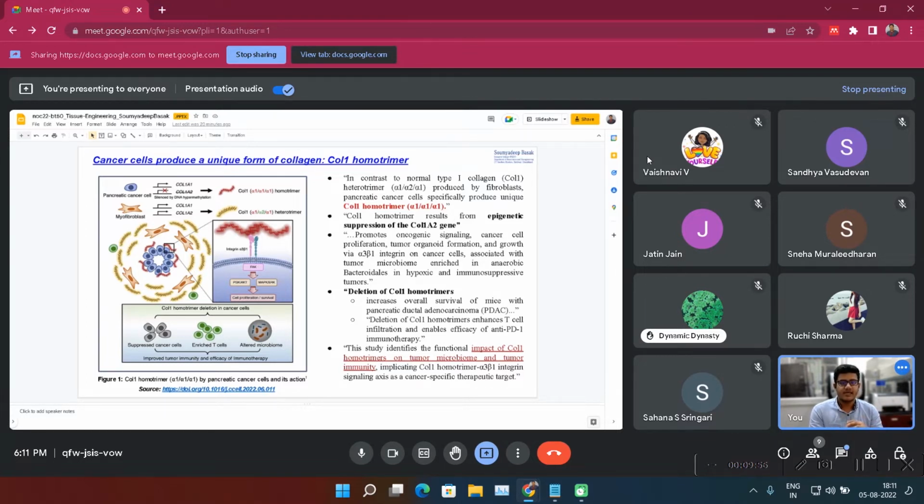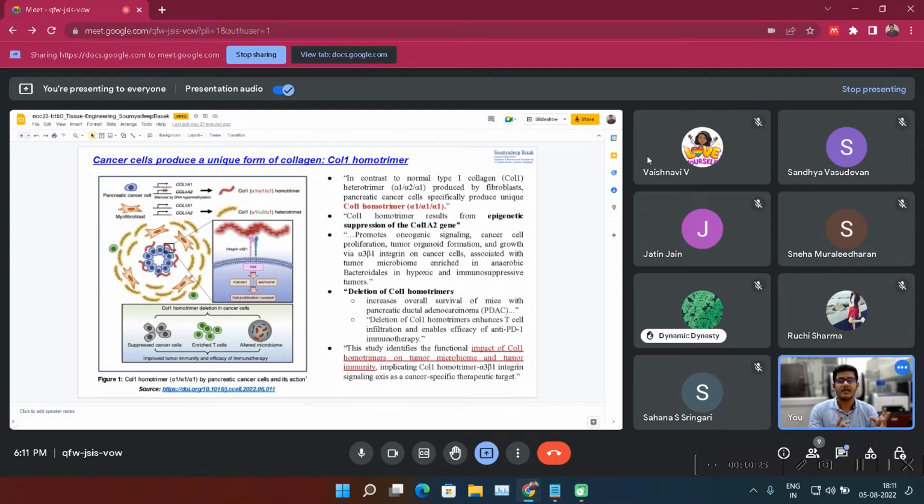How did they find it? They cancelled the activity of collagen 1 homotrimer, and they saw that it suppressed cancer cell growth, while T cell enrichment also increased, and the microbiota also changed. The control of anaerobic bacteria is very difficult.